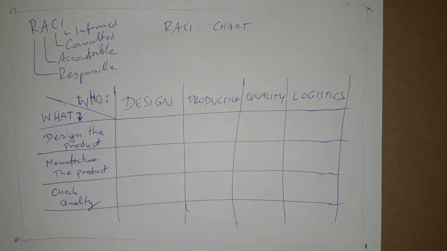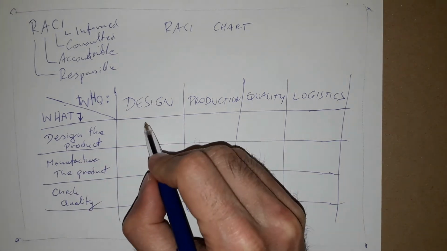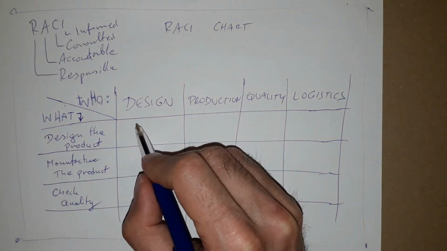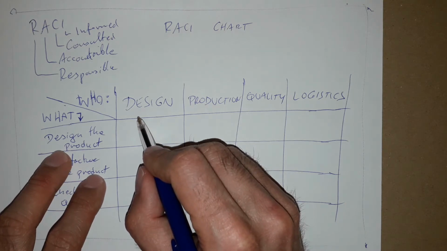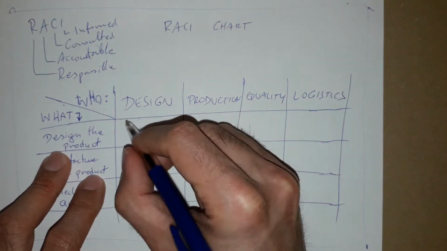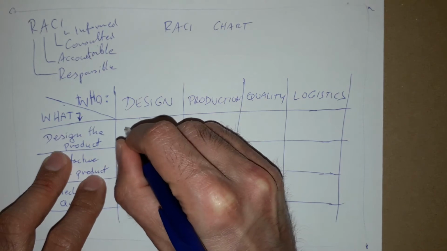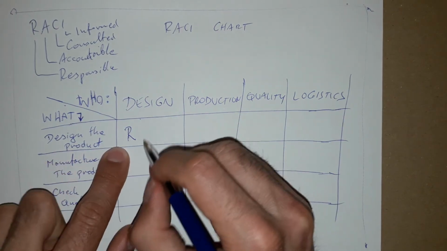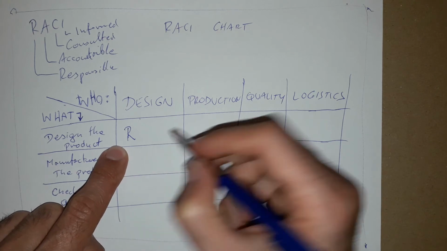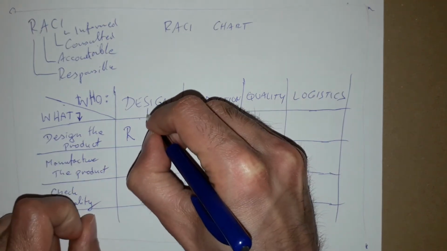And now for the design, this department will be responsible because they need to do the job. And this department will be as well accountable. Let me put it like this.